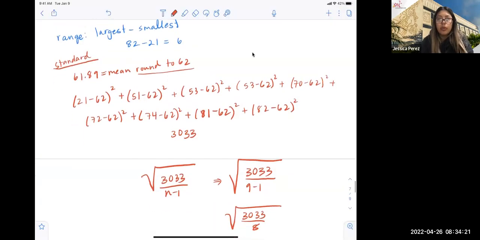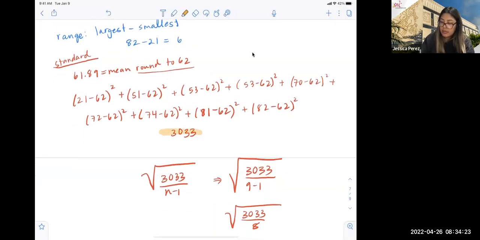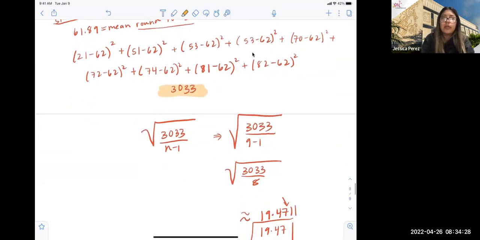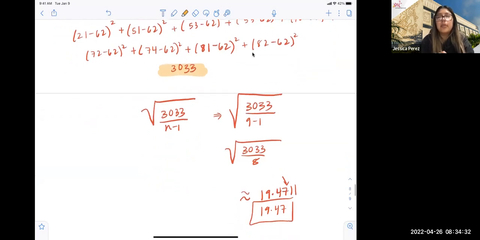So stop the share. So we ended up with 3033 when we subtracted and then took the sum, and then you do the square root of 3033 divided by n minus 1. N minus 1 is 8. So it's the square root of 3033 divided by 8.